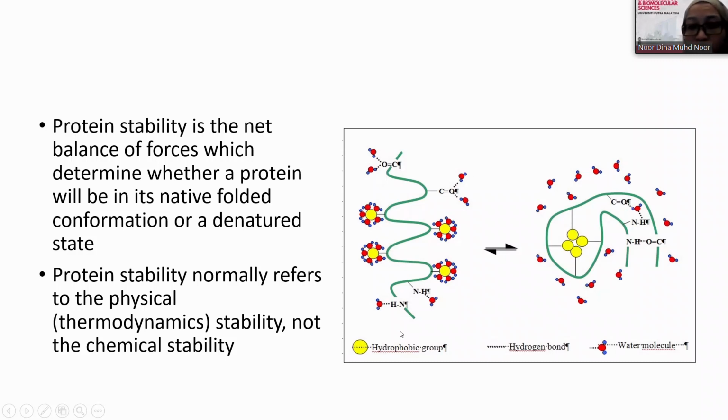Whenever we put these highly hydrophobic proteins into the water, you can see that the part of the protein or amino acid is going to go inside, away from the water.